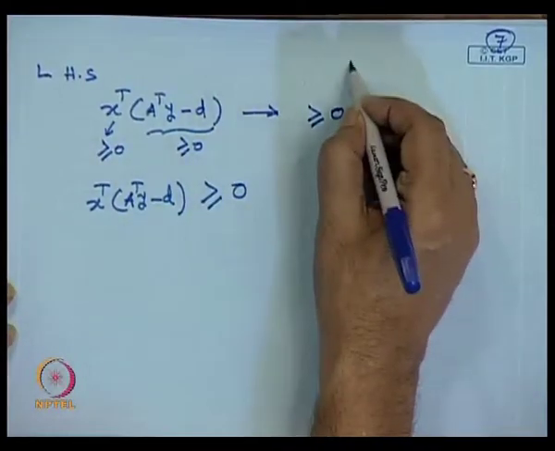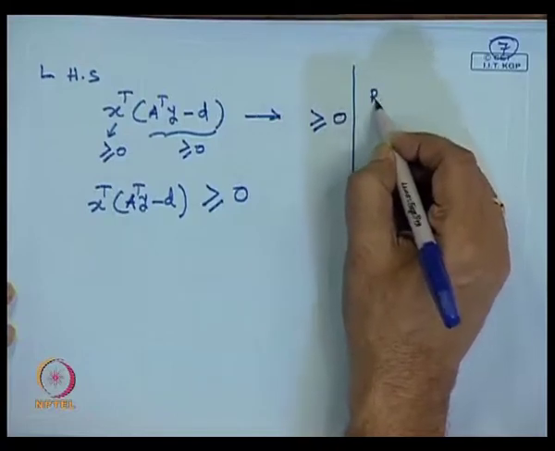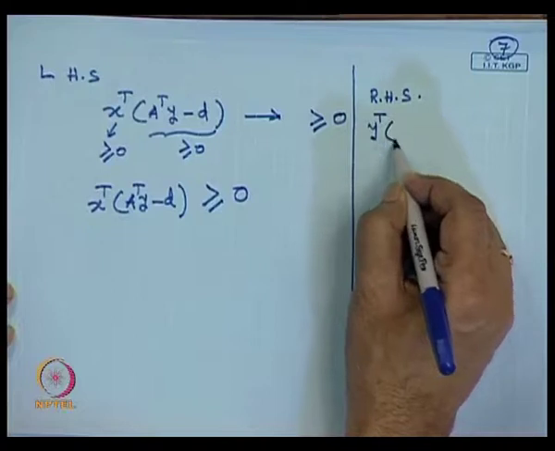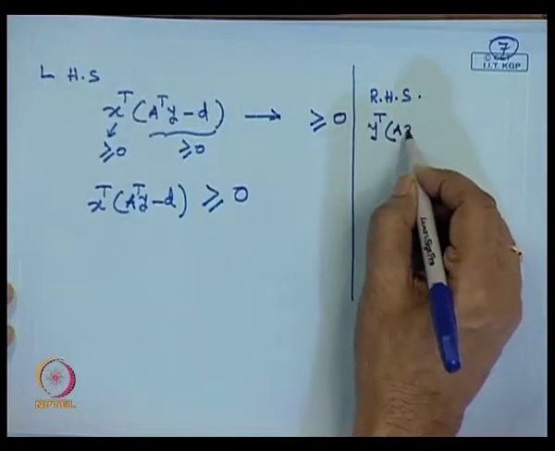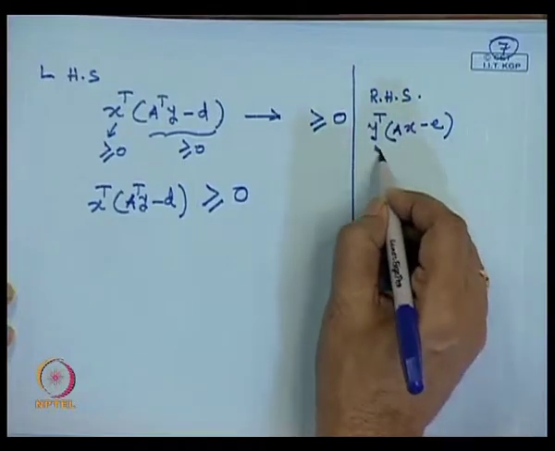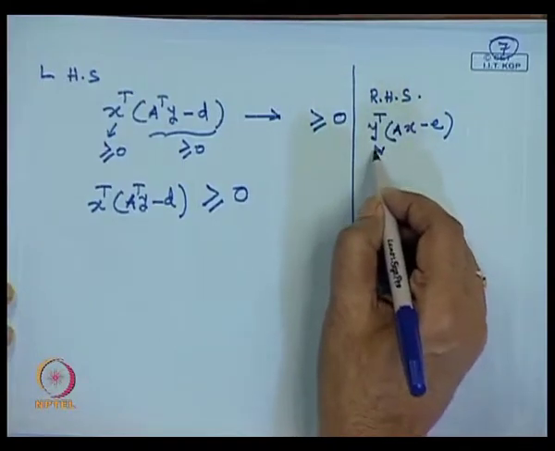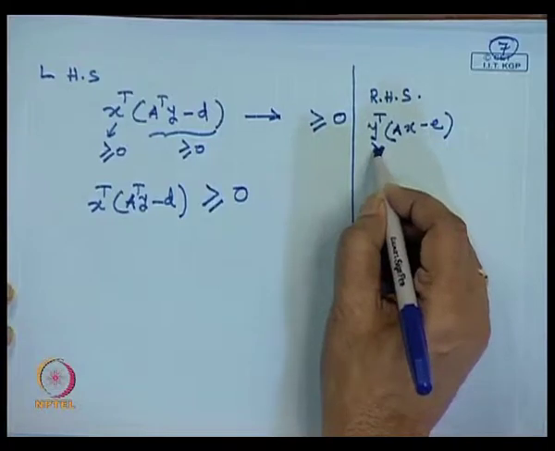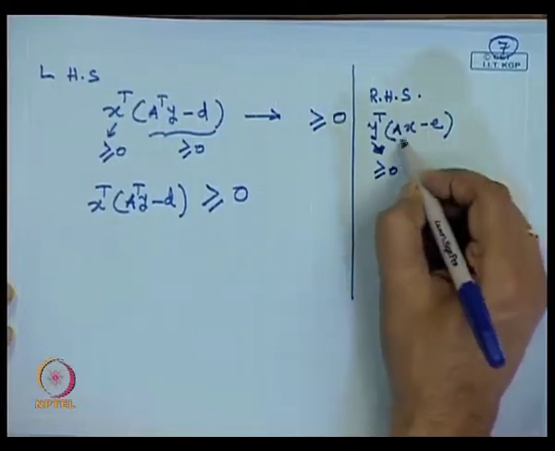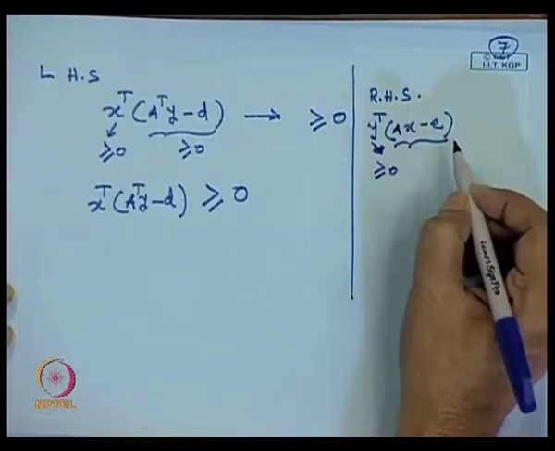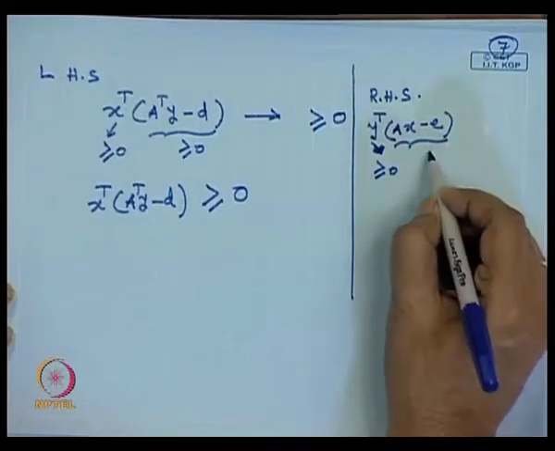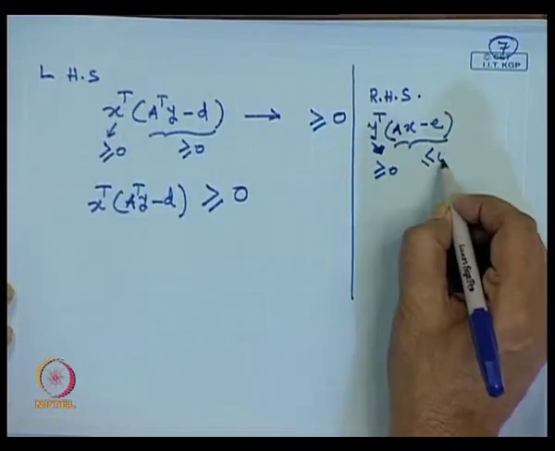The left hand side. Now, see the right hand side, y transpose A x minus E. What is this? This is the dual problem variables, each element of this vector y is greater than or equal to 0, and the constraint in the primal problem, A x minus E, is always less than or equal to 0.